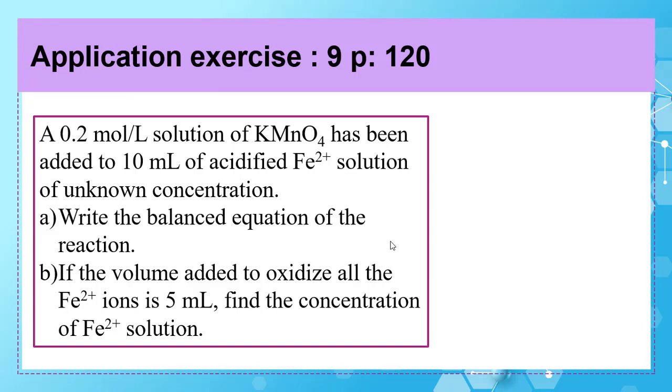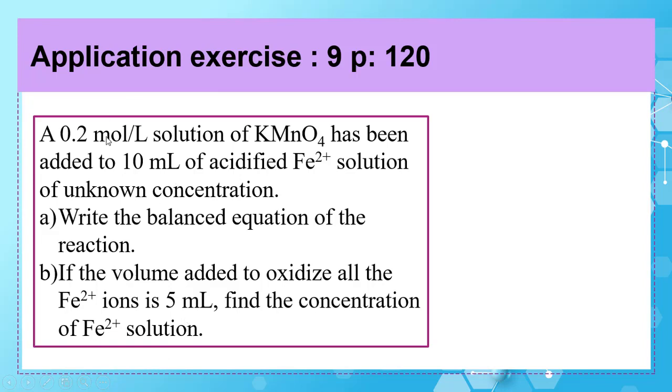As an application, we have a 0.2 mole per liter solution of KMnO4. It is added to 10 ml of Fe2+ solution of unknown concentration. Write the balanced equation of the reaction and finally determine the concentration of Fe2+ solution.